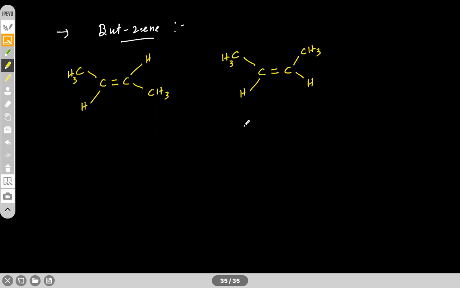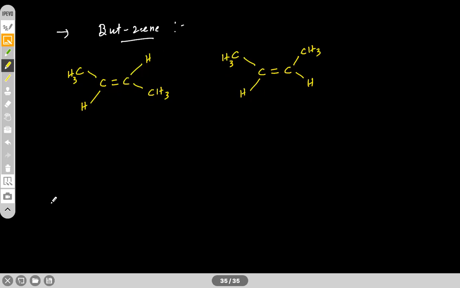When you have but-2-ene, you can draw this structure or you can draw this also, because it's not clear which structure you have to draw. We cannot draw both structures here. This is also but-2-ene, but we cannot differentiate which one we have to draw.